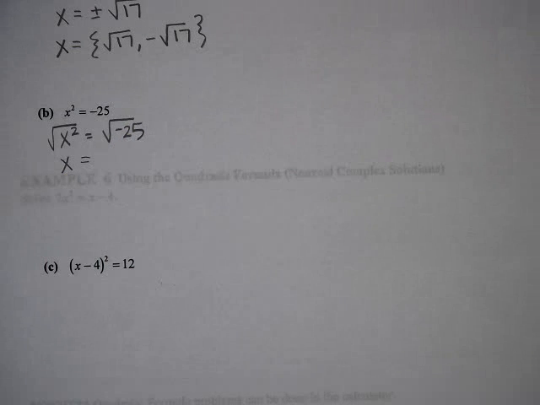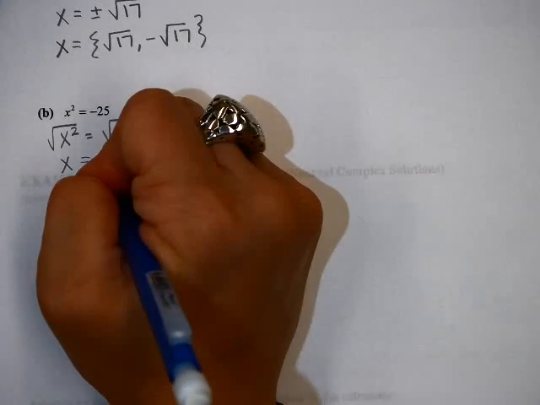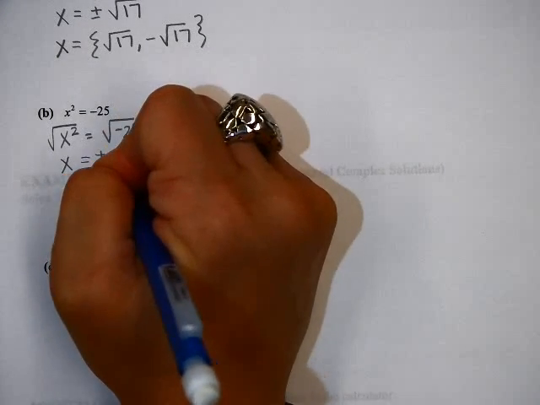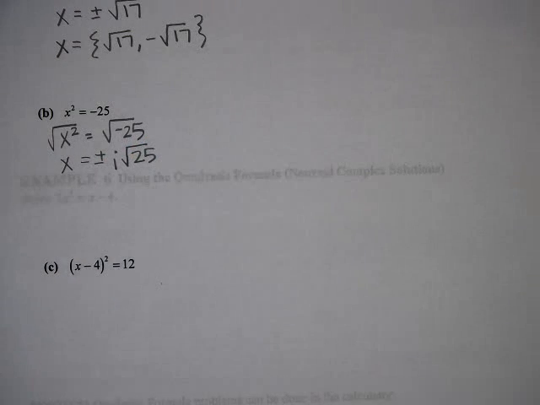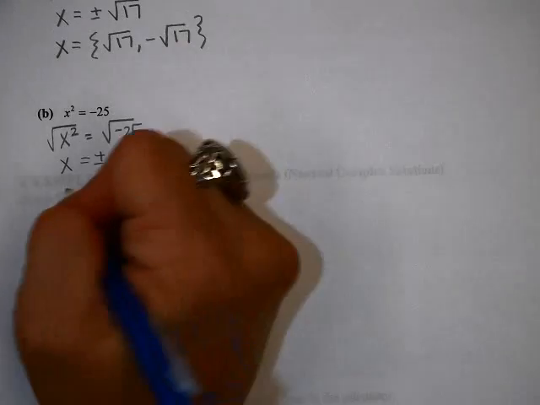When we take the square root of negative 25, keep in mind what we learned about complex numbers last section. So this will be the same as plus or minus i square root of 25. And when you look at that square root of 25, 25 is a perfect square, and the square root of 25 is 5.